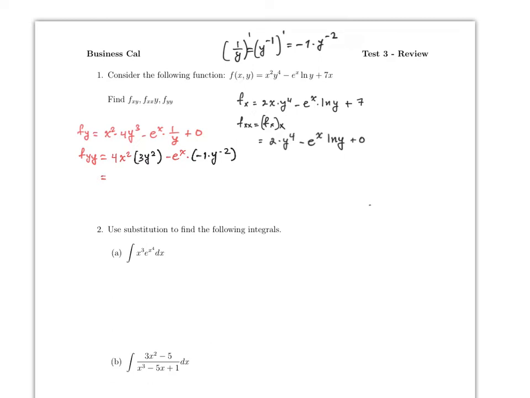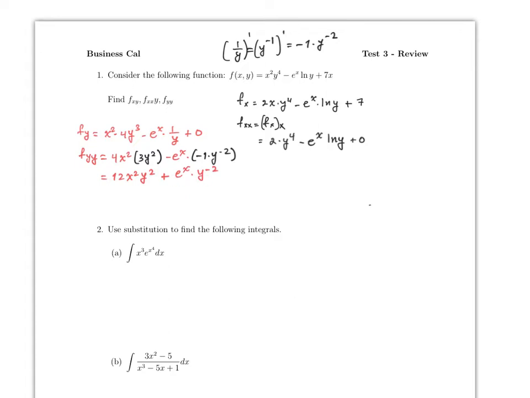And you simplify, this will be 12x squared y squared plus, because minus and minus is plus, e to the x times y to the negative 2. You can rewrite this and put this on the bottom, but this is good enough.